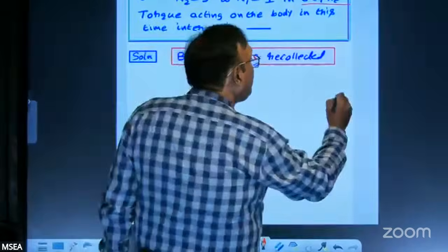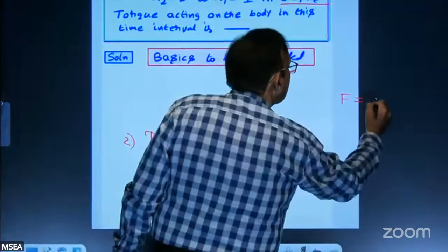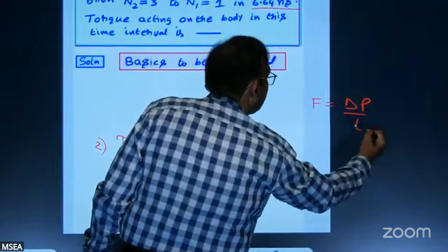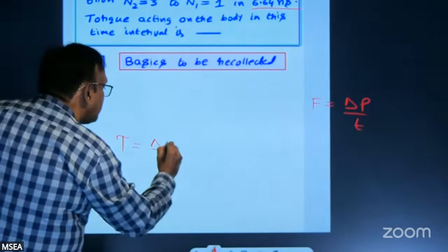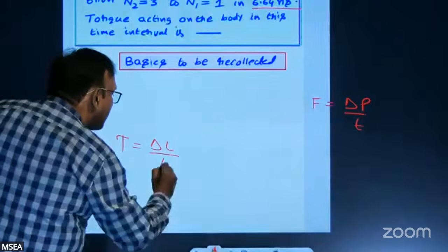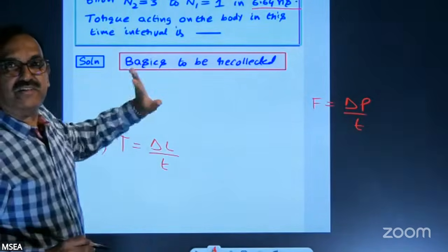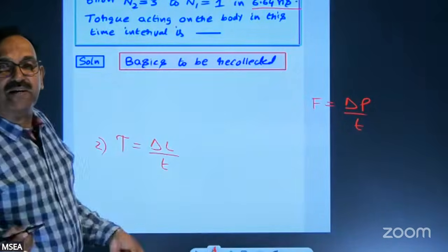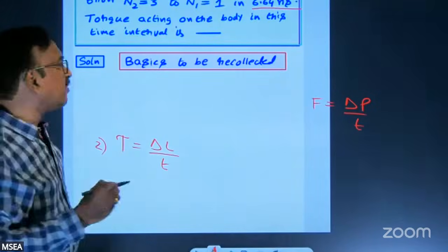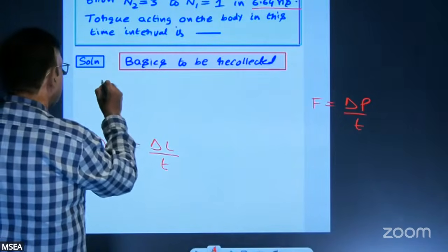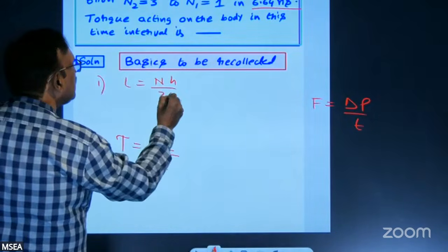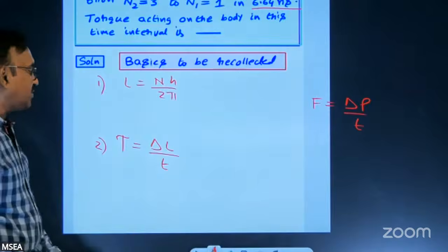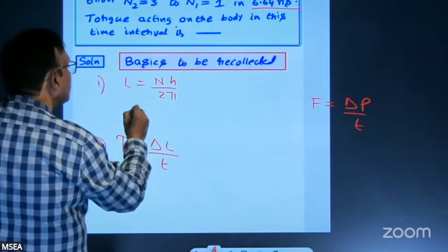You know that force is equal to the rate of change of linear momentum. Torque is the rate of change of angular momentum, so change in angular momentum divided by time. The time interval he has given. Now you have to calculate the change in angular momentum. Every one of you knows that the angular momentum of the electron is nh by 2 pi, where h and 2 pi are constants.